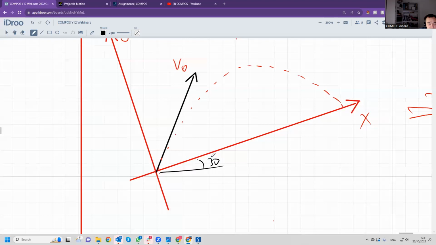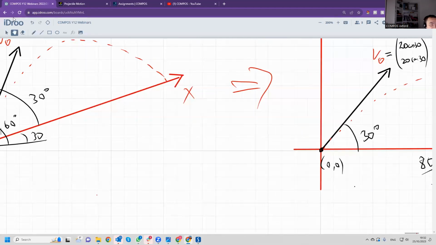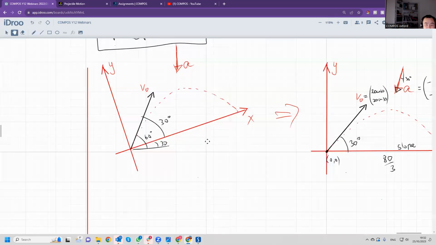This is 30, and this is 60. So this is 30 degrees to the slope. This is my slope. The x-axis is my slope. As I said, my x-axis goes along the slope, and this is a very common thing to do.